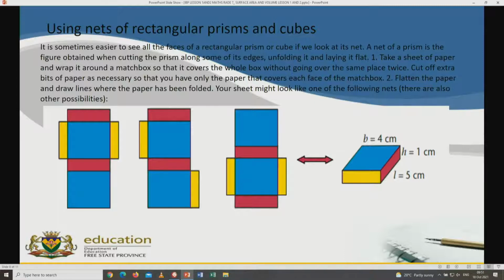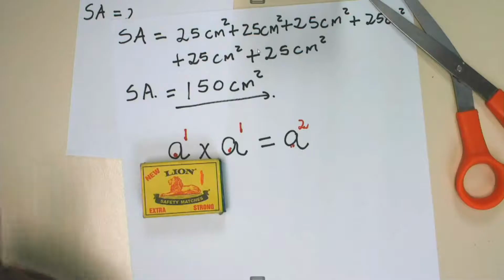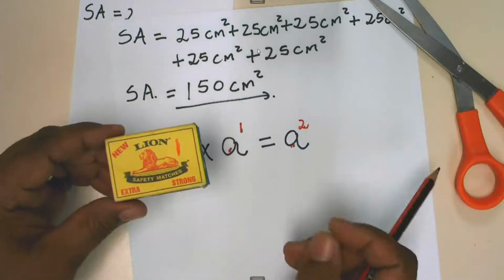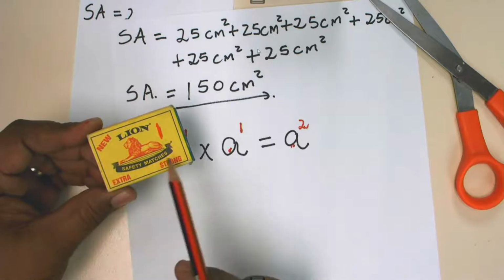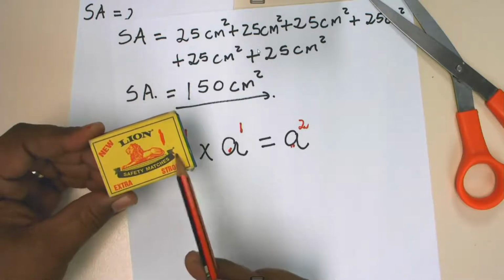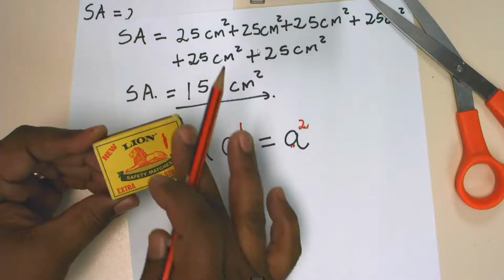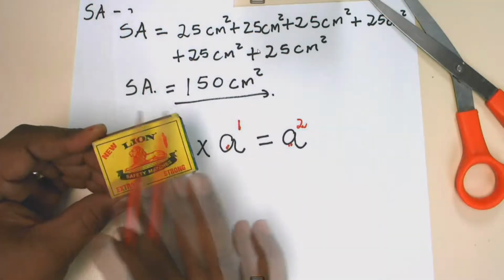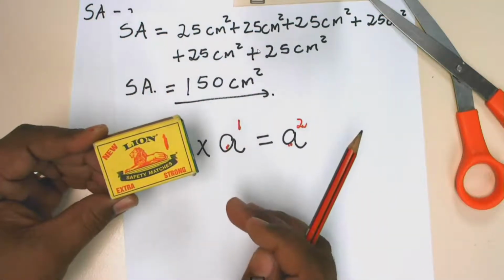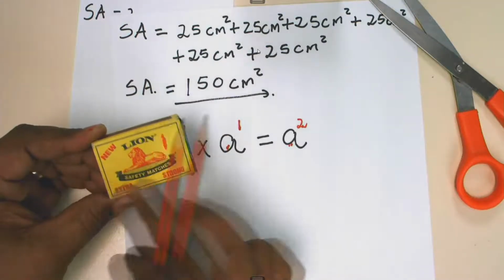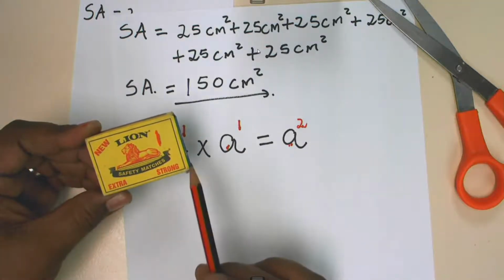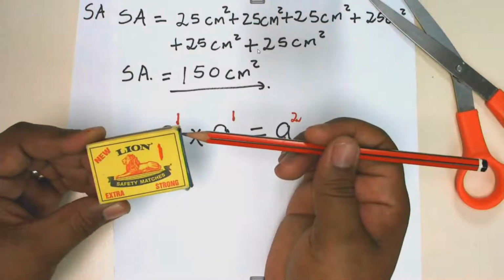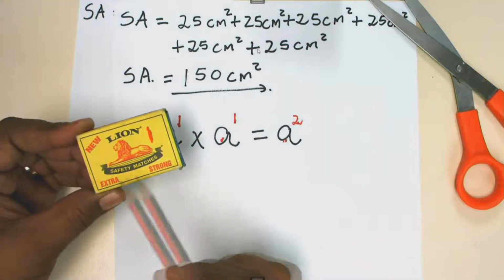And therefore, in our matchbox, let me show you the matchbox again. Measuring from the left to the right, this will be the length. Look at this. What picture do you see here in terms of 2D objects? It is a rectangle. And a rectangle has got a length and a breadth.